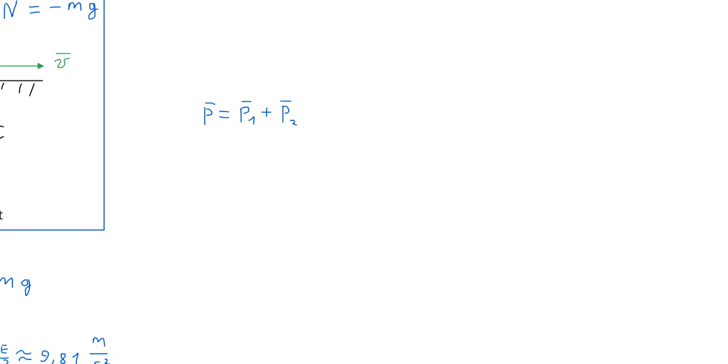P1 is the momentum of the first material point, and P2 is the momentum of the second material point.